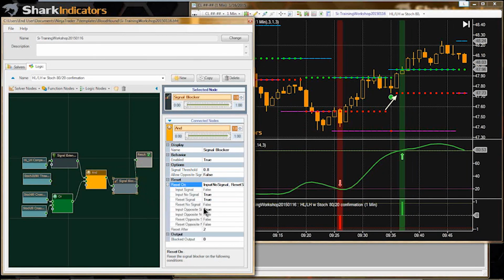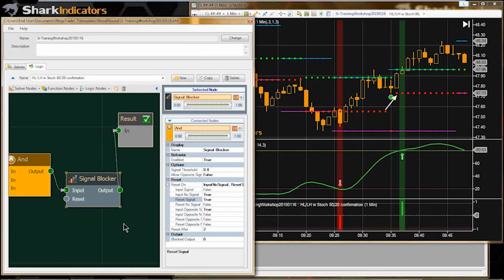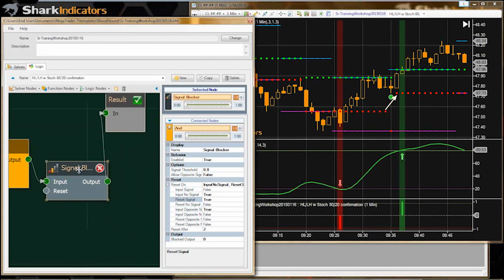Take a look at that. And let's see, we're not using the reset connector. So let me zoom in here. So looking at the signal blocker, it also has this reset connector, and we're not using the reset connector, so we can just turn that off.